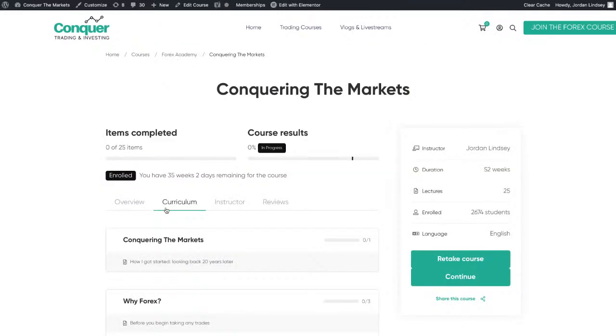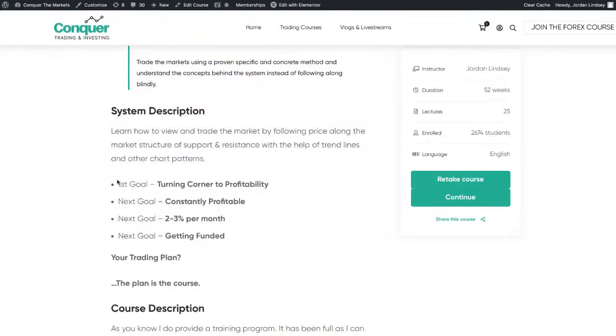And the first step is simply learning to turn the corner to profitability. As you begin the course and start with the basics, connecting your account to MyFXBook, writing up your weekly recaps, holding yourself accountable, taking no more than 3 trades a week, and no less than 3 trades if you have a problem taking trades.